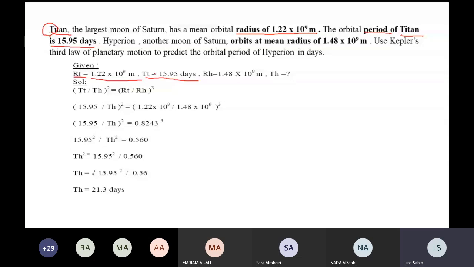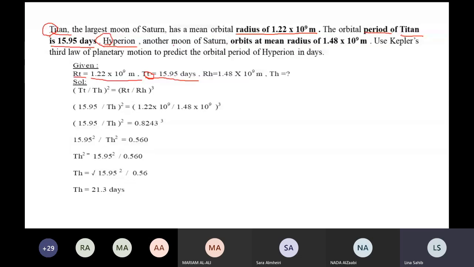We should change the letter depending on the moon name, of course. How much is the period? 15.95 days. Okay. After that, he talked about the second moon, Hyperion, with the first letter H, as you see.